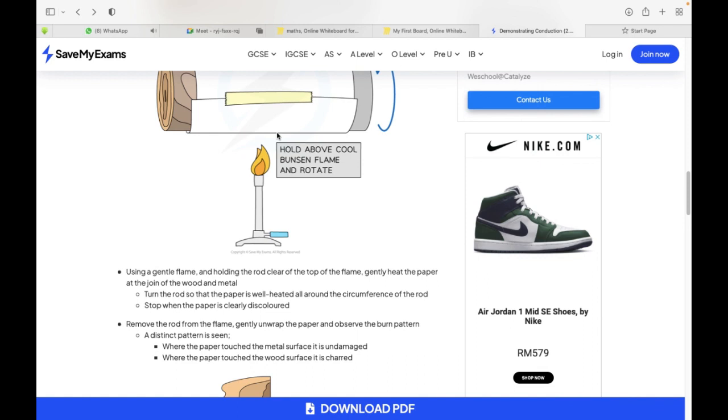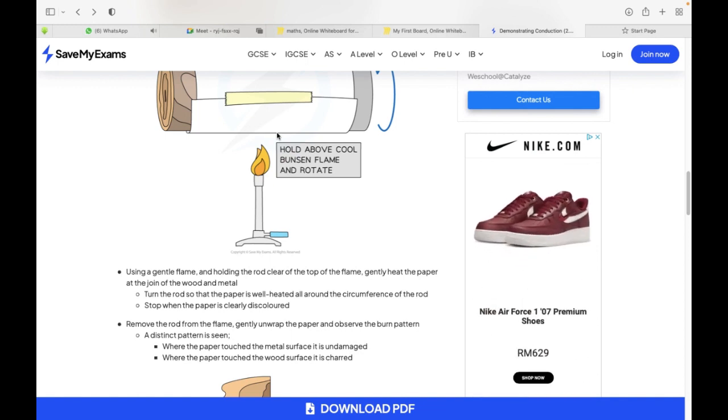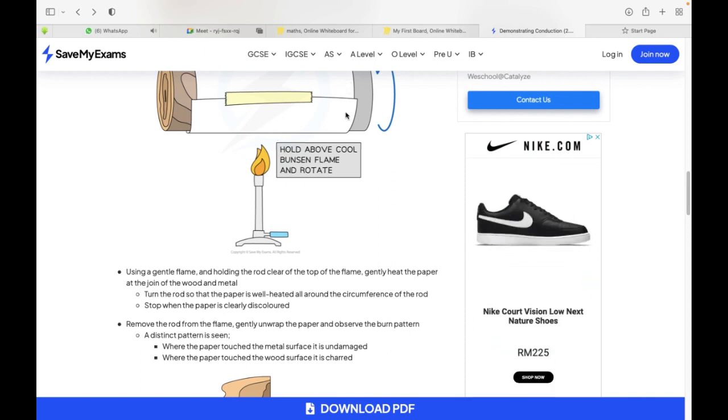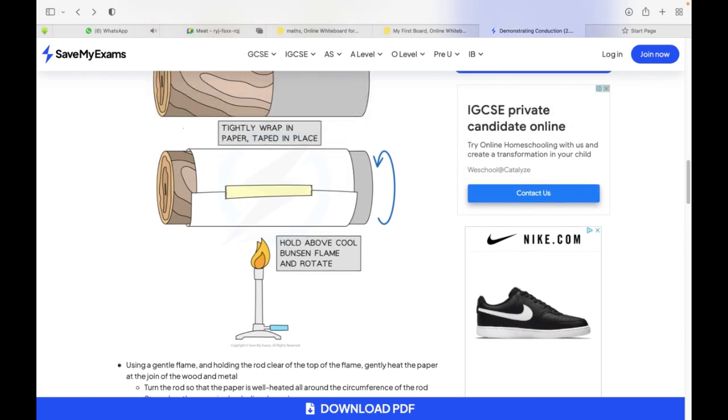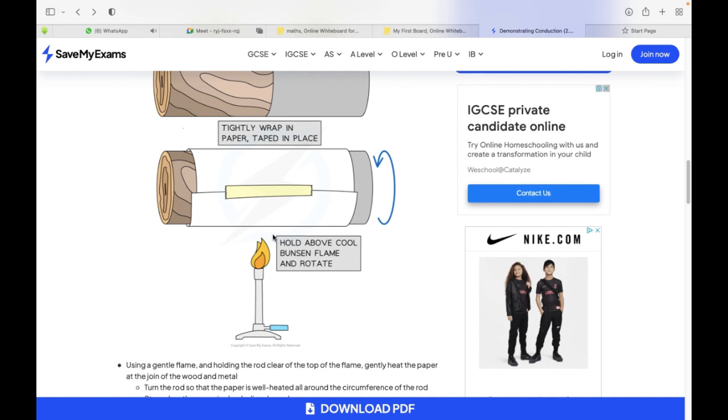Now, turn the rod so that the paper is well heated all around the circumference of the rod. We're going to be rotating it, and we don't touch the paper so that it doesn't catch fire or start burning.